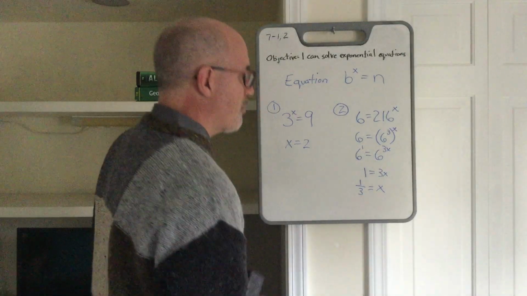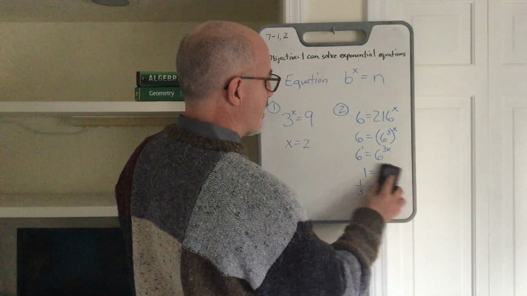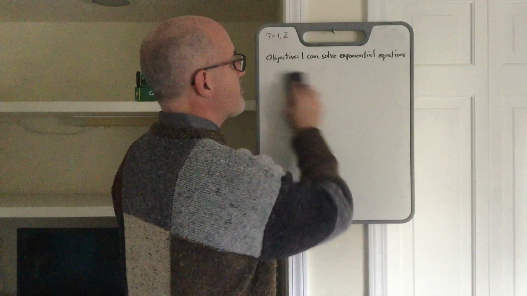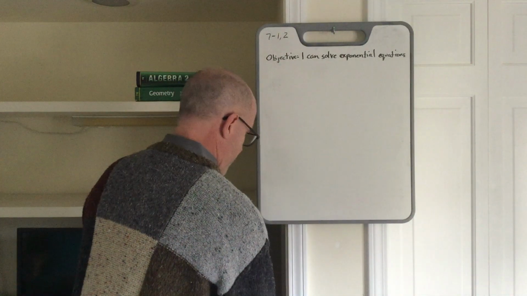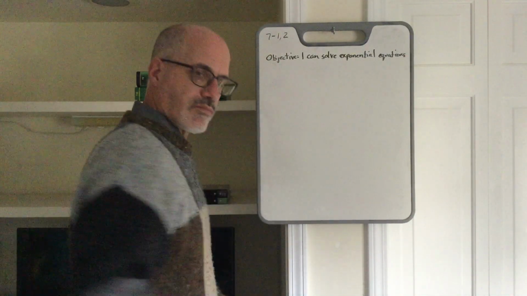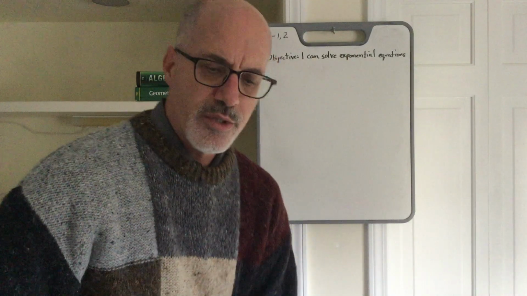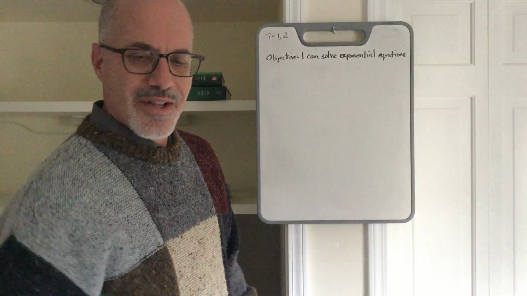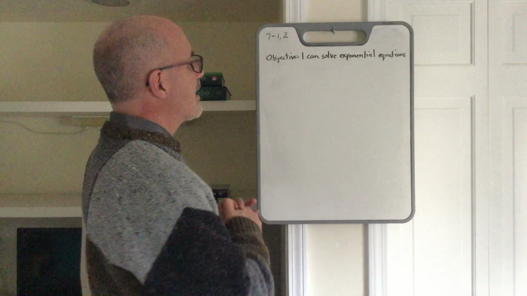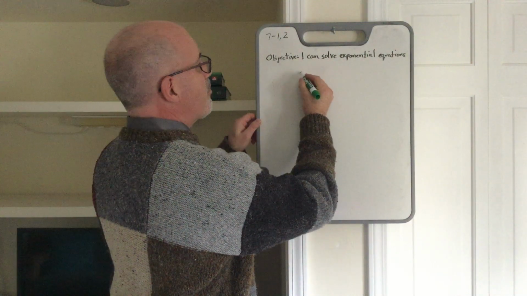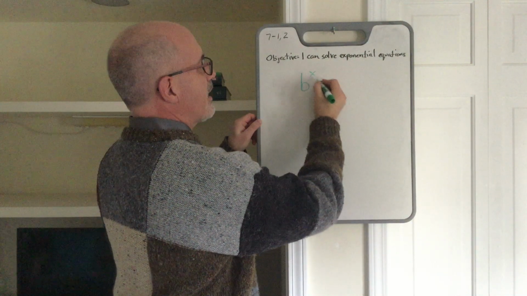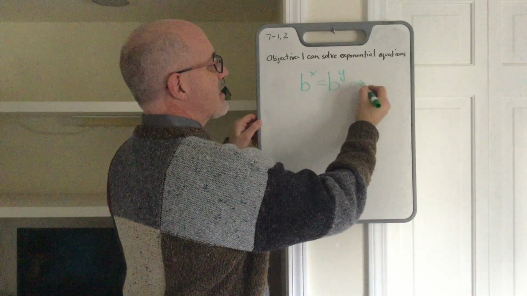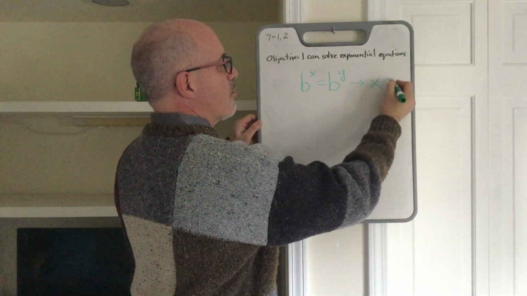Let me give you a couple steps and kind of a rule for this. If you have an exponential equation where there's a variable in the exponent, what you want to do to solve that is use this rule: if b to the x power equals b to the y power, that means that x has to equal y.